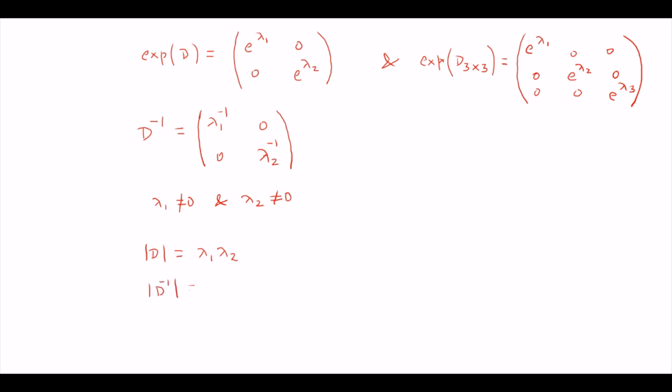It is simply lambda 1 inverse times lambda 2 inverse. And the determinant of D power n is simply lambda 1 power n times lambda 2 power n. Similarly, you can write it for any 3 by 3 diagonal matrices. So these are some elementary properties of diagonal matrices.